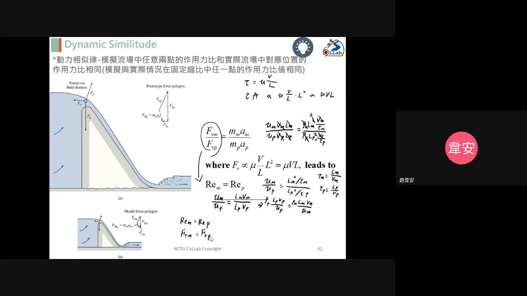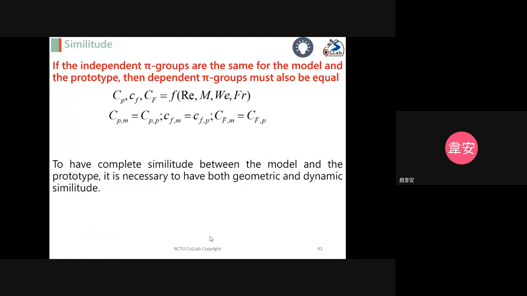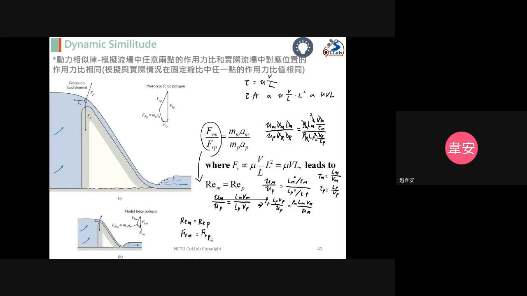Okay, so let's write what the physical meanings are. The physical meaning of the dynamic similitude is we need to satisfy the force ratios for the model and the prototype. And based on your problems, you need to consider which pi groups are important.